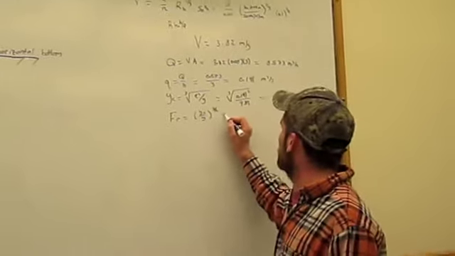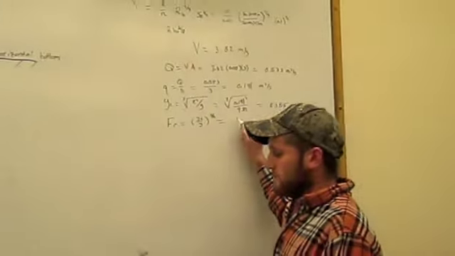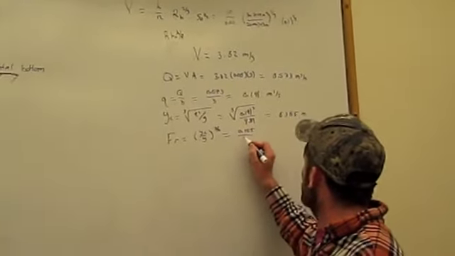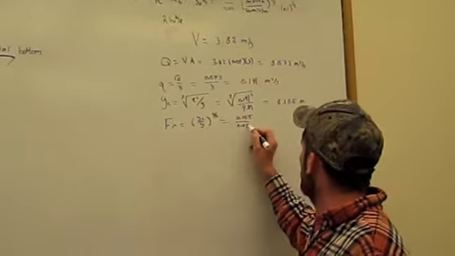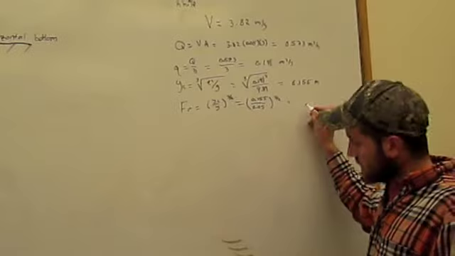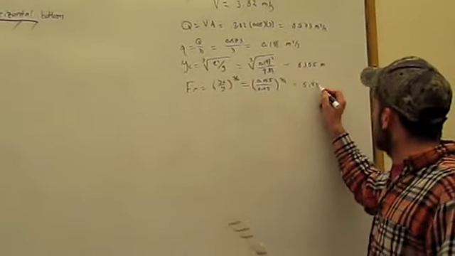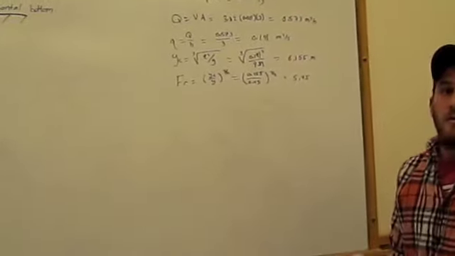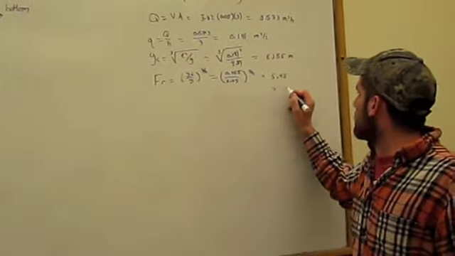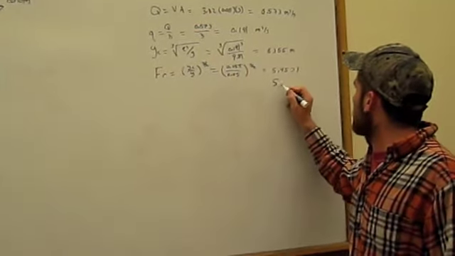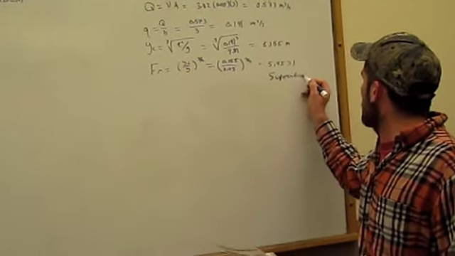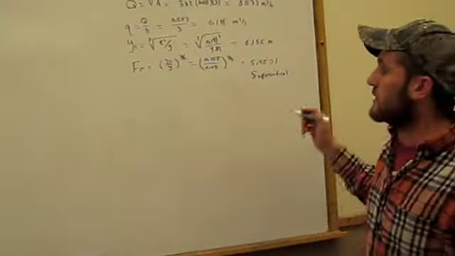I contradicted myself. Our Froude number is 5.45, and we know any Froude number over 1 is supercritical, which is our answer to 2B.